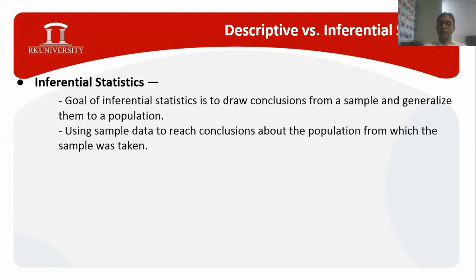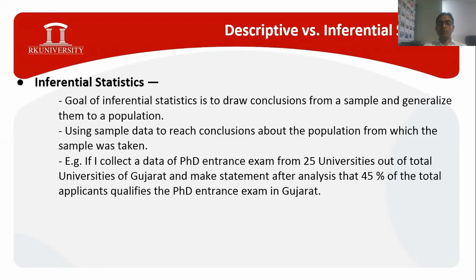Let us carry forward the example which we have discussed to give you clarity. Now, suppose there are more than 50 universities in Gujarat, and I have collected data from a sample of representing universities, let's say 25 universities, about how many students used to appear for the PhD entrance exam and how many of them used to qualify.